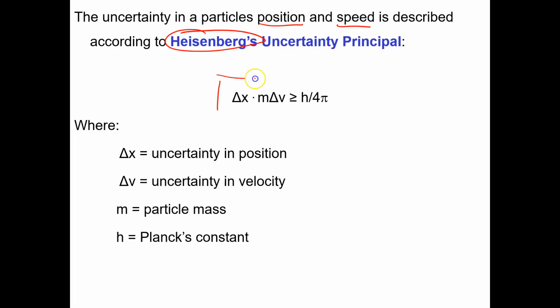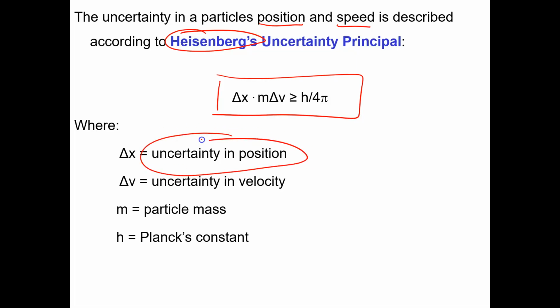And this is described by what we call the Heisenberg uncertainty principle. So the Heisenberg uncertainty principle states that the product of the uncertainty in the position, the mass and the uncertainty in the velocity is always greater than or equal to Planck's constant over 4 pi.